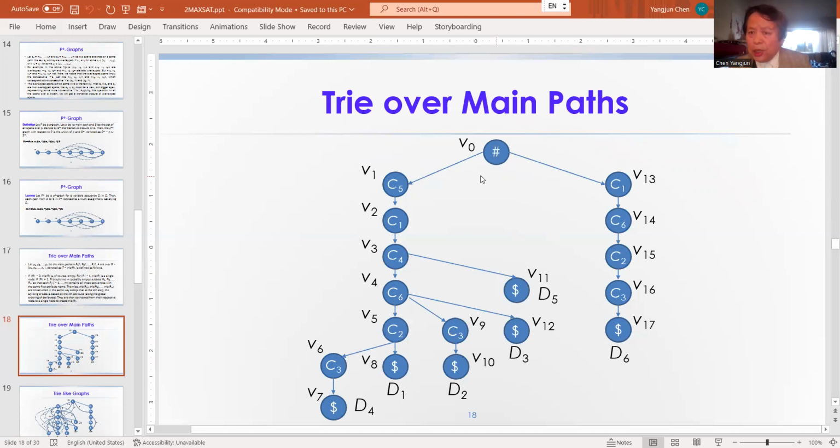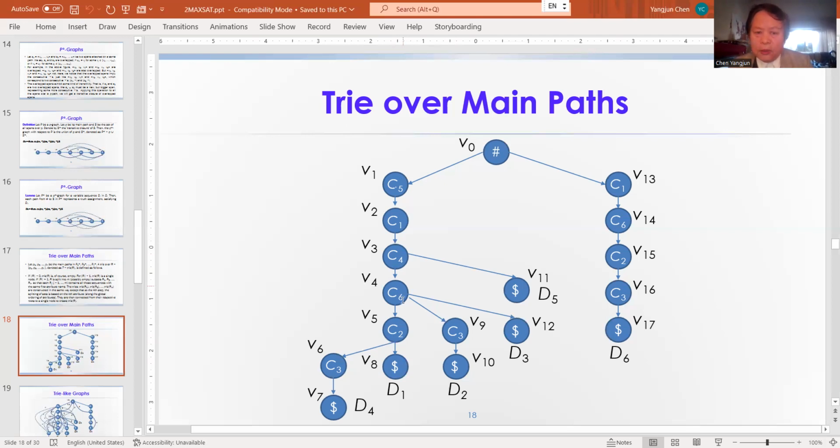In this trie, each path is just the main path in a P-star graph constructed for a certain conjunction. For example, this path is just the main path in the P-star graph constructed for the conjunction D1.